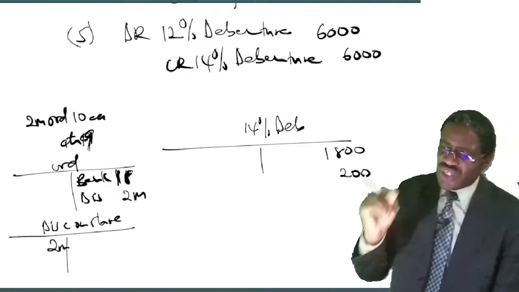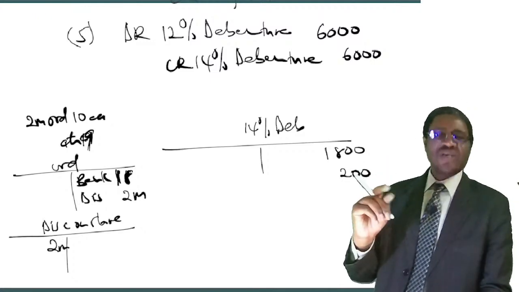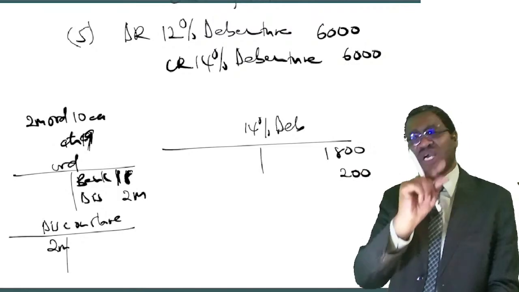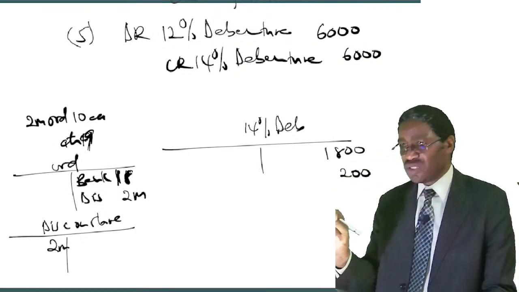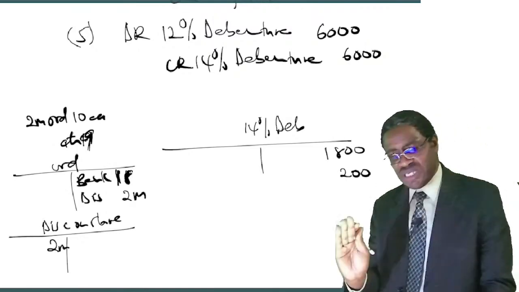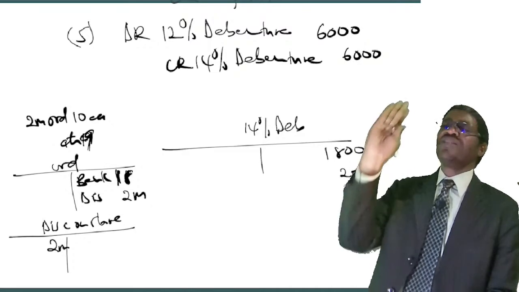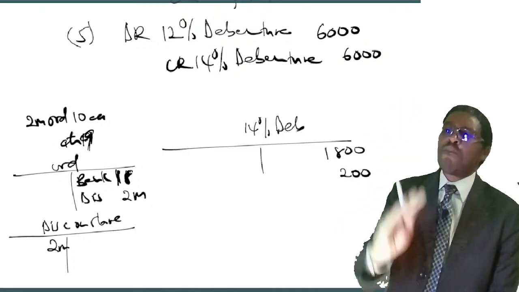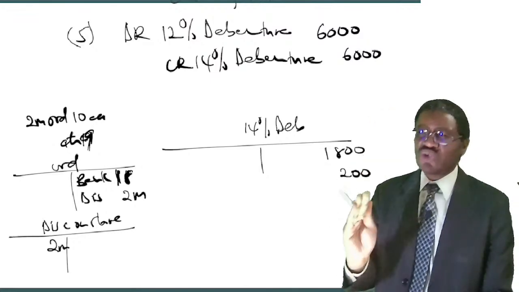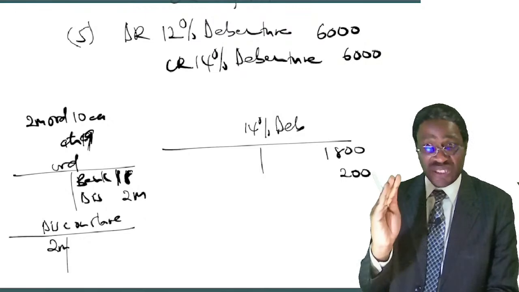So what this question expected you to remember is that when a company issues shares or debentures, whether at par, at a premium, or at a discount, the share capital account and the debenture account must be maintained at their total nominal value. I hope that point is clear.